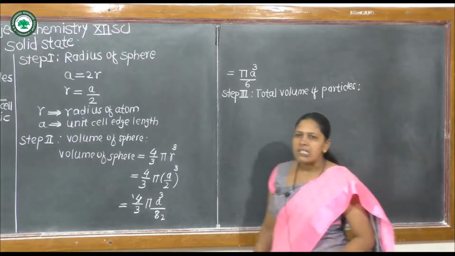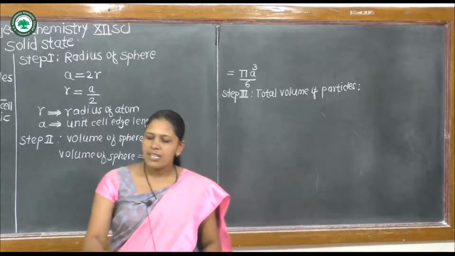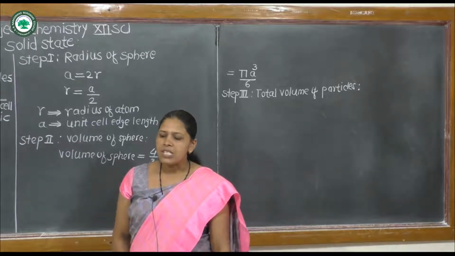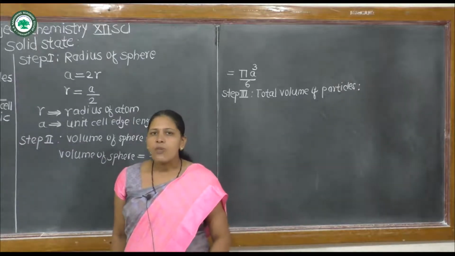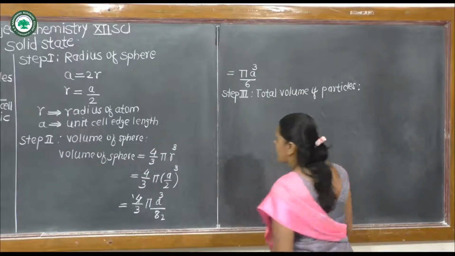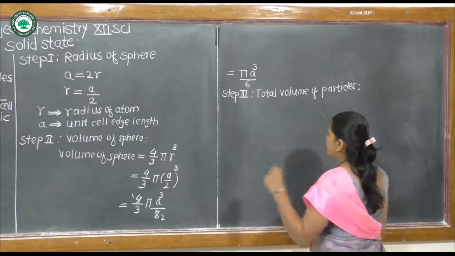We know that in a simple cubic unit cell only one particle is present in the unit cell. Therefore, the volume occupied by one particle in the unit cell is equal to the volume of the sphere.